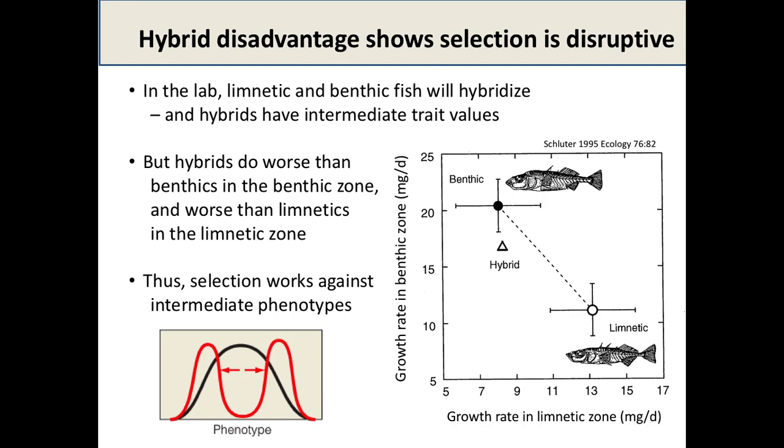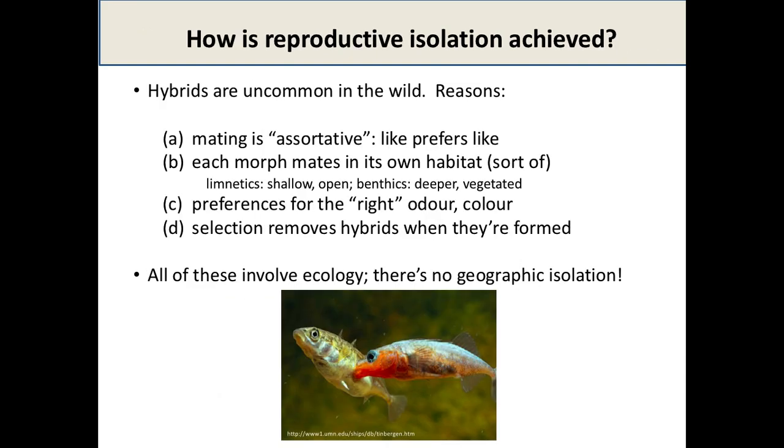Then we can start to get to a situation where, as well as individuals having a preferred niche or being adapted to their niche, they're now reproductively isolated from the other form. And we see that starting to happen in these sticklebacks.